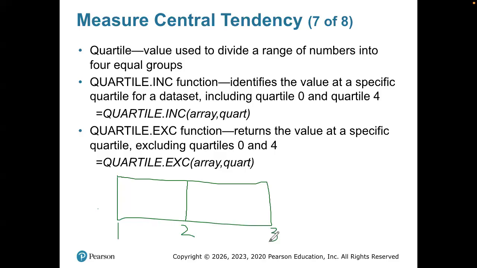What if I want to specifically include a quartile 0 and a quartile 4, instead of breaking it down into 3 pieces? Now it's going to look something a little more like this. Before, everything was being crammed into 1, 2, and 3.